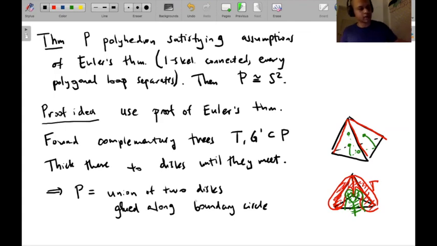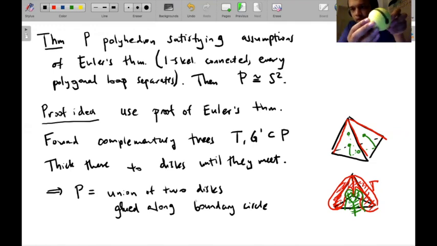So, actually for this, I have a prop that hopefully will illustrate. So we have these complementary graphs. So this is the picture to keep in mind. Let me see if I can show you. So here's the one graph, and then the other graph is here. And if you thicken these two graphs, then what's happening is you're getting something like the two patches on a tennis ball.